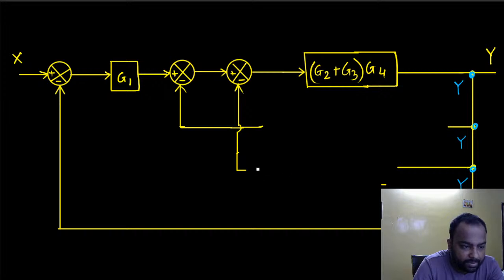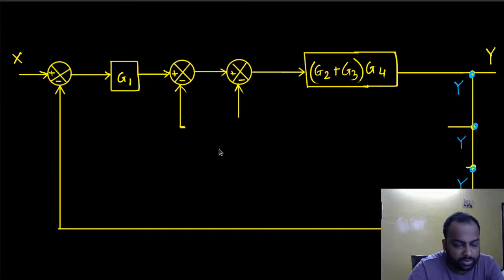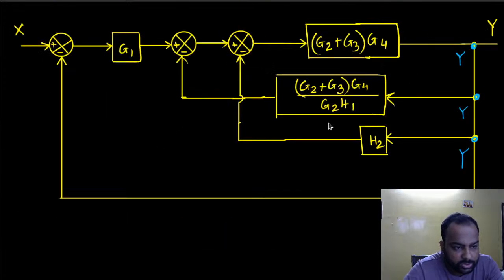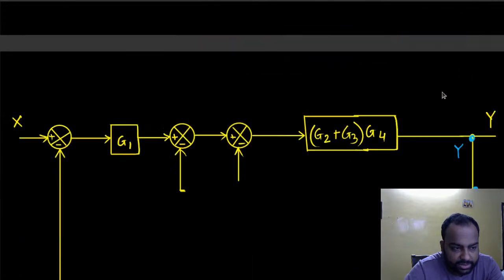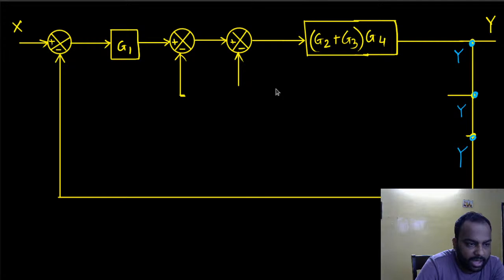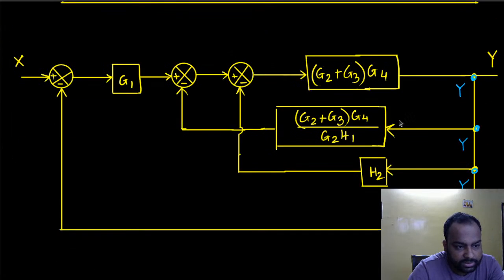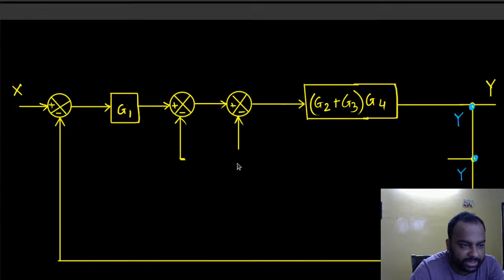I can instead pull this up. See what I'm doing. Look very carefully. This was H2 going in here. I can pull this wire up here. That way I would have the same connection but just with a different look.